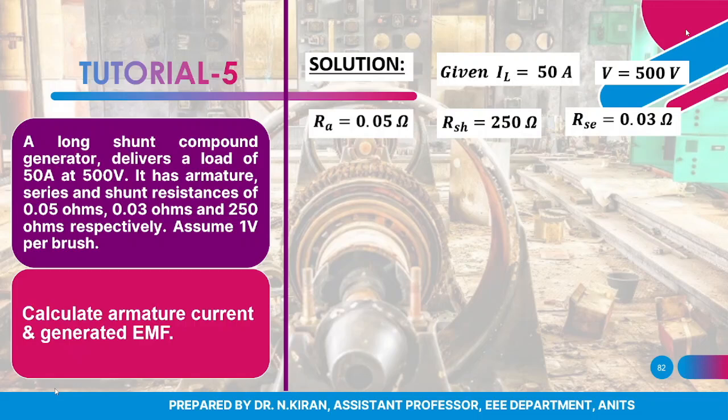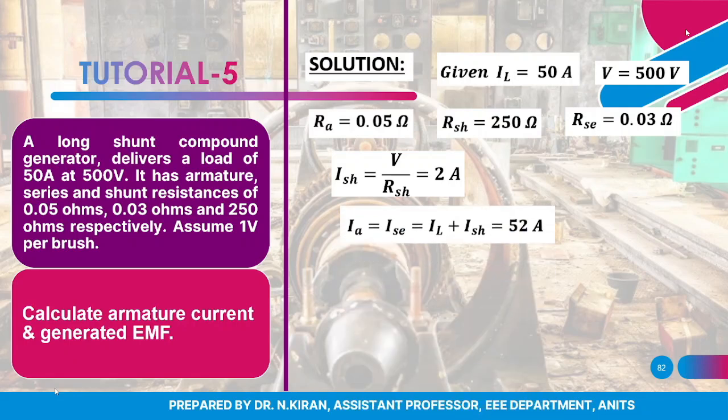Okay, so since this is long shunt compound, ISH is equal to V by RSH. We know RSH value, it is 250 and V is 500, that will give me 2 amps. We also know that IA is equal to ISC in a long shunt compound generator, which is again equal to IL plus ISH.